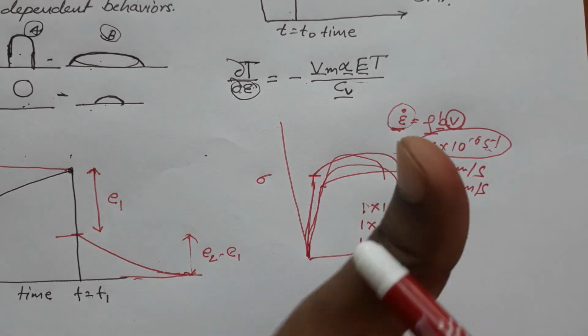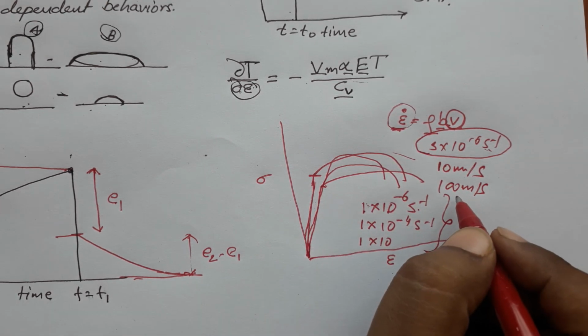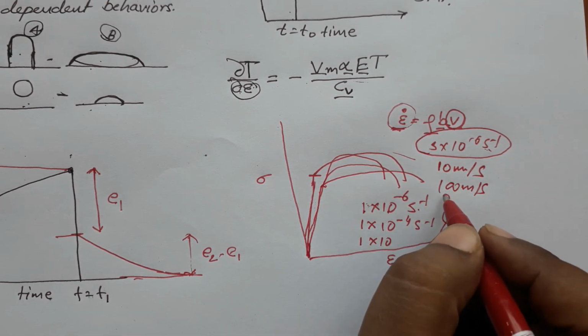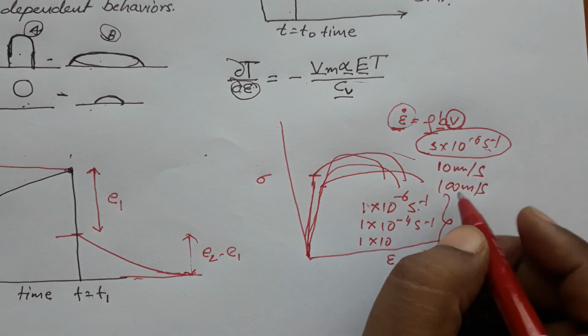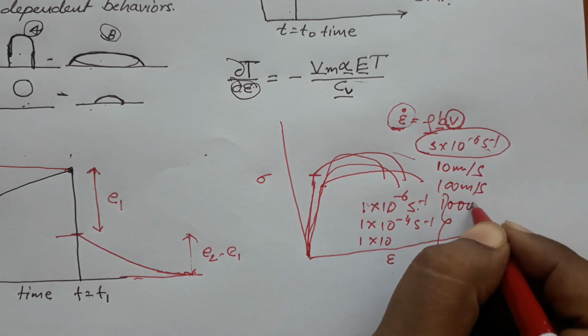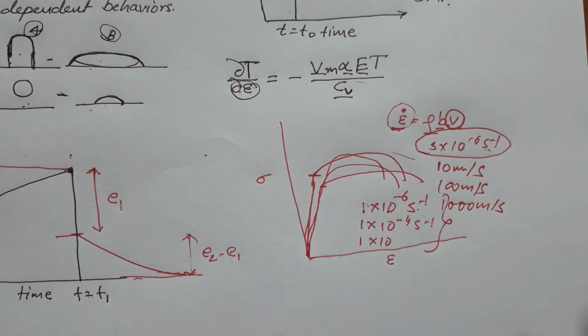The difference probably will be significant if you change by an order of 100. So 1000 millimeter per second will obviously show you a difference in the stress strain diagram. But the elastic modulus will still not change significantly for metallic materials.